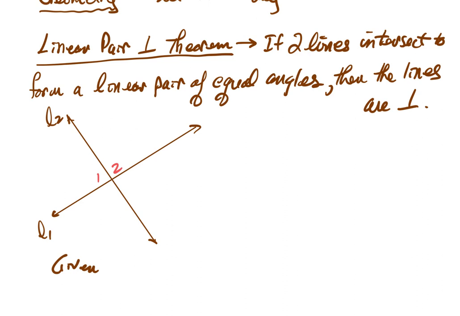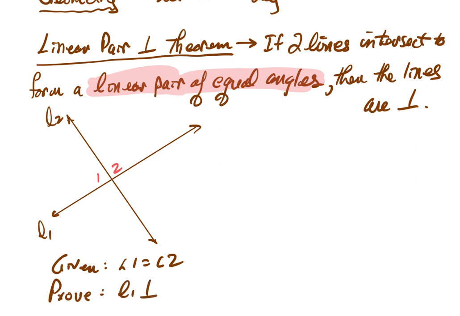I'm going to call them angles 1 and 2. And those two angles are equal to each other. Angle 1 and angle 2 are equal. Please notice, if I choose my highlighter tool here, we have a linear pair of equal angles. That's the hypothesis. That's what's given to us. Okay? Now what we're trying to prove then is that the lines are perpendicular to each other. So line 1 and line 2 are perpendicular.